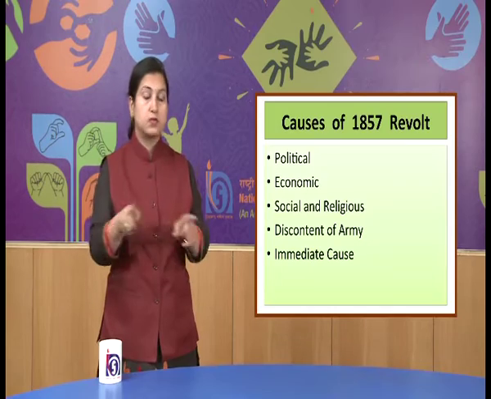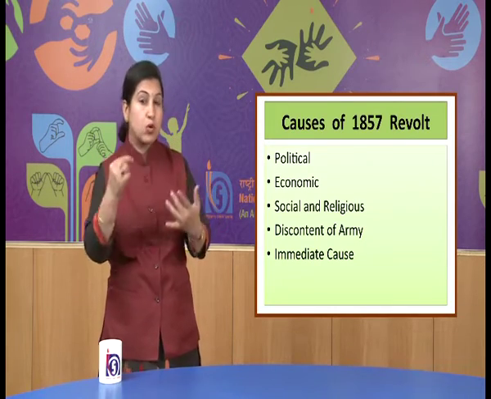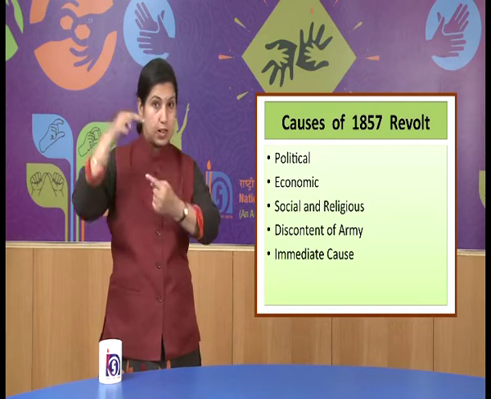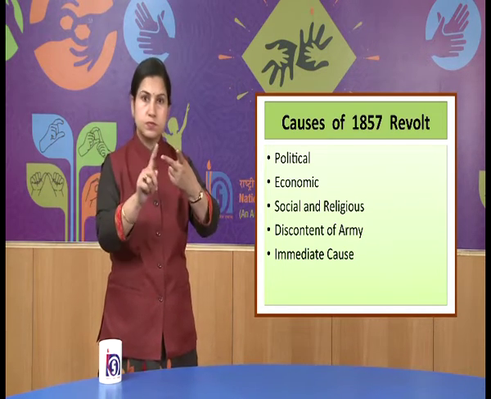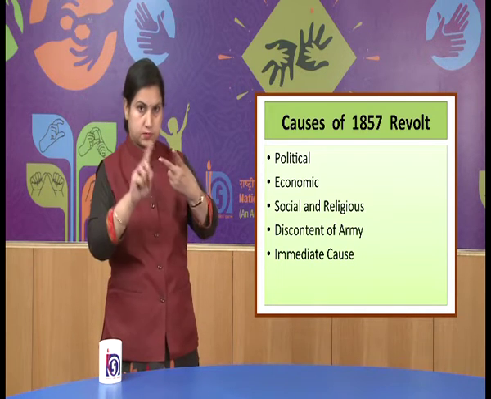Learners, let us quickly revise all that we have learned in the video so far. We discussed the causes of the revolt of the year 1857. In this, we discussed the 5 main causes. The first cause was political cause. The second cause was economic cause.